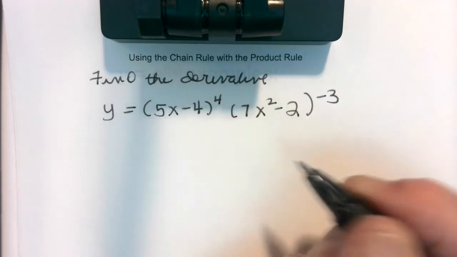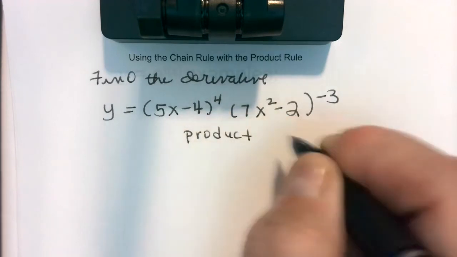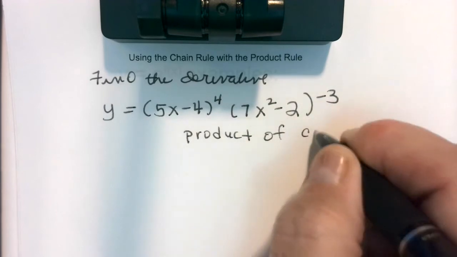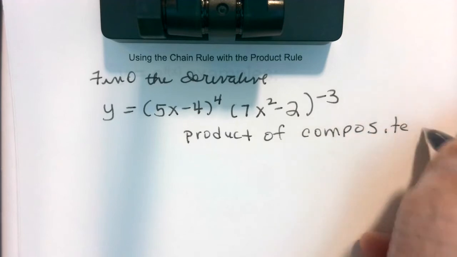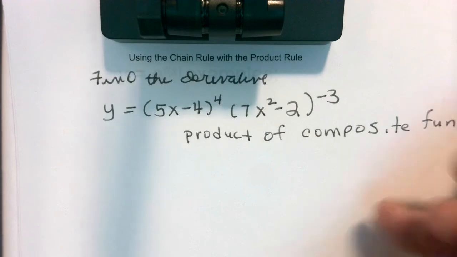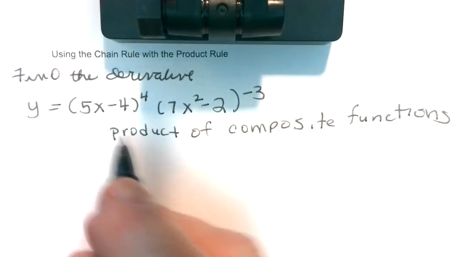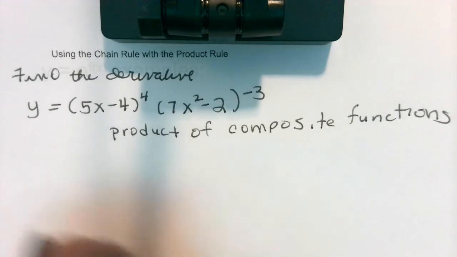So what we've got here is a product of composite functions. Now the product in this case is on the outside. It could be that you've got a product on the inside of a function. So anyways, let's try this one.